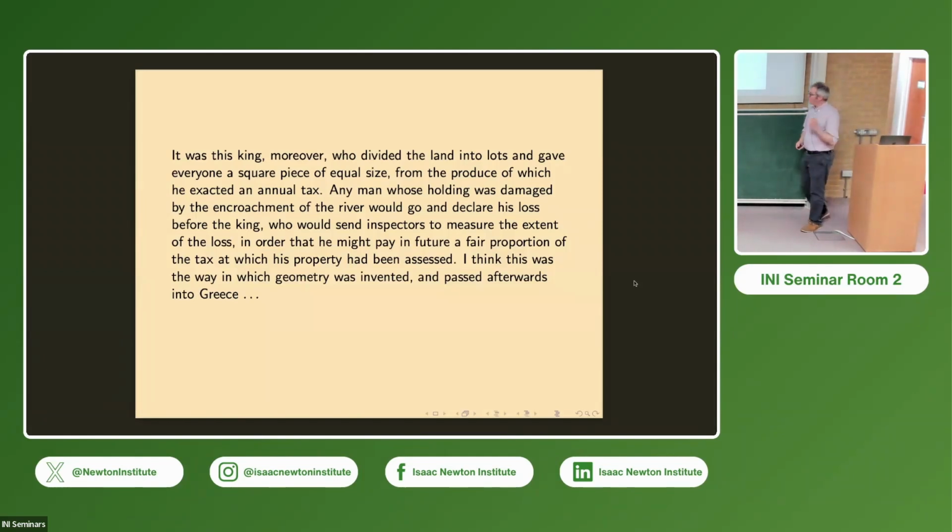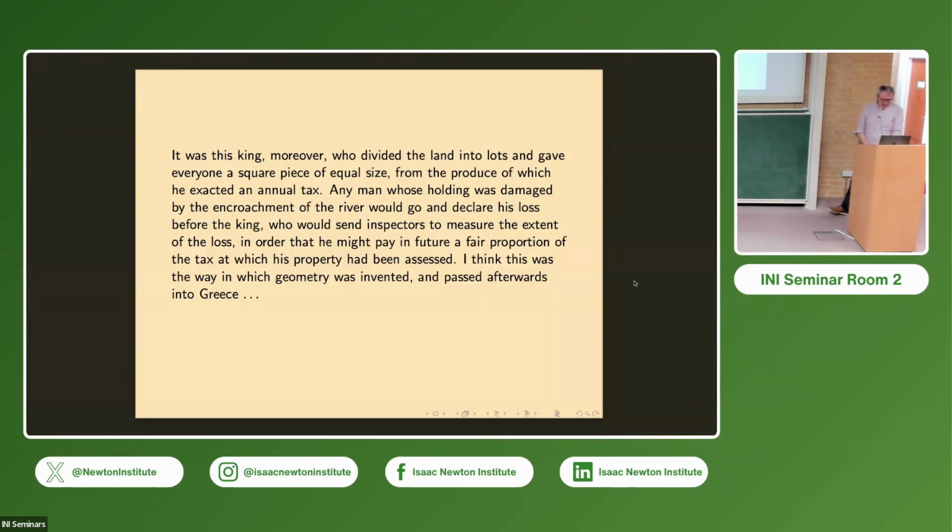The idea that geometry is invented in ancient Egypt because of the needs of surveying. And secondly, fitting in very much with the ancient Greek view of Egypt as the fountain of all wisdom, knowledge of geometry passes from Egypt into Greece. So these are the two things that Herodotus asserts, and that's it. In terms of details of how the mathematics works, there's nothing coming from Herodotus.